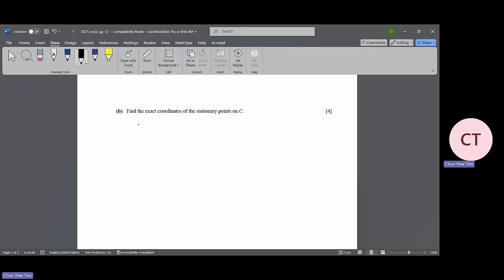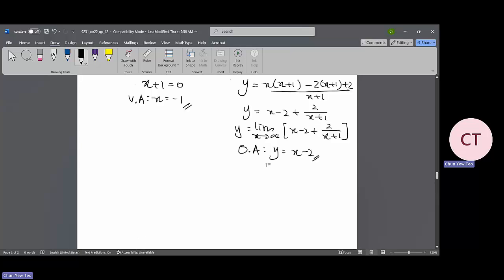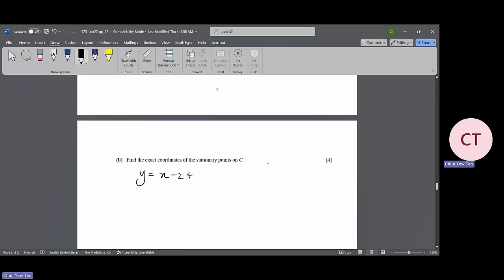Exact coordinates of the stationary point. So to find the stationary point, we will start from here. Actually, every time when we can change into this form, differentiating from here to get the stationary point will be easier. So x minus 2 plus 2 over x plus 1, you find dy/dx over here, it will be 1 minus 2 over (x plus 1) squared. dy/dx equal to 0.